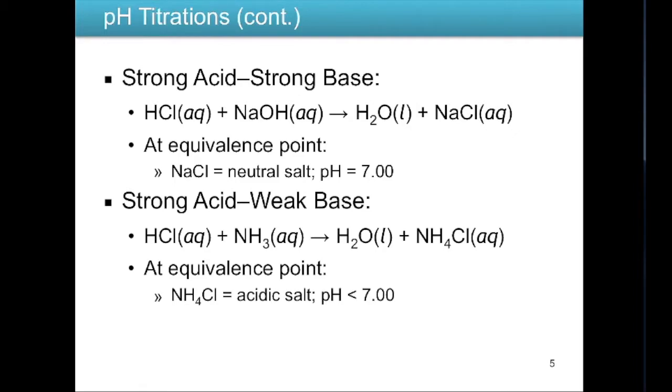At the equivalence point, the pH is going to be 7 because sodium chloride, the product of HCl and NaOH, is a neutral salt. Neither Na+ nor Cl- react with water, so they're not going to form any H+ or OH-. The only reaction that we have at the equivalence point is this one.